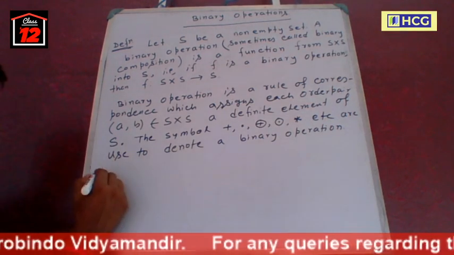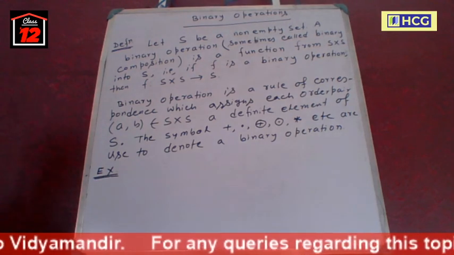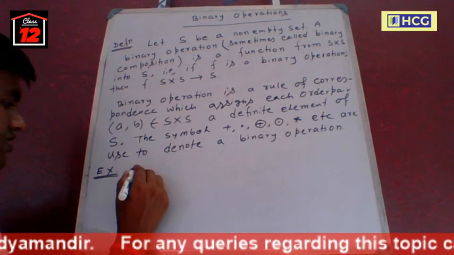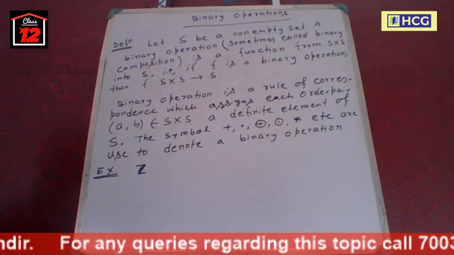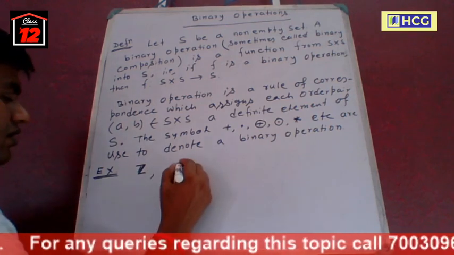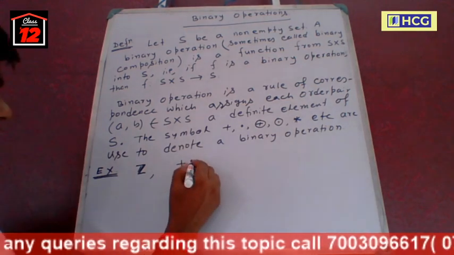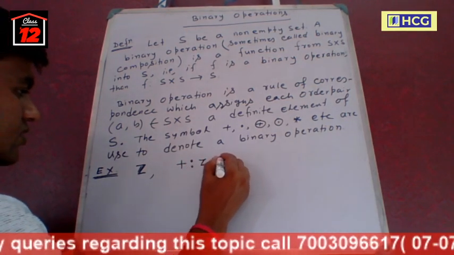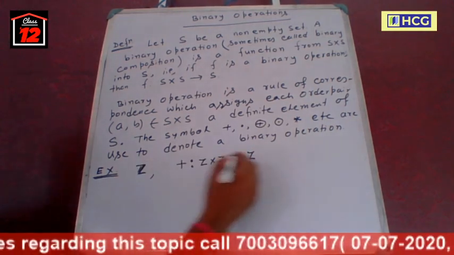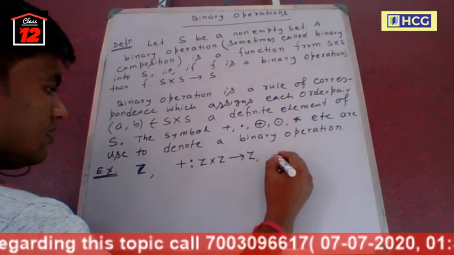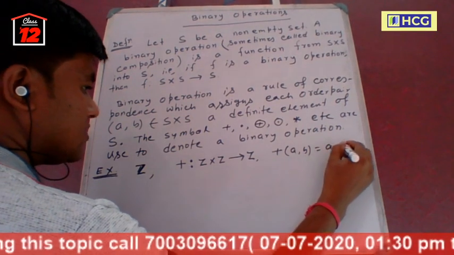Example. Let us consider the set Z. Z is the set of all integers, and now this is the function Z cross Z to Z defined by plus of (a, b) equals a plus b.